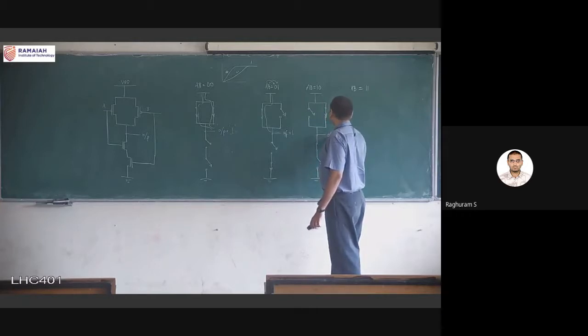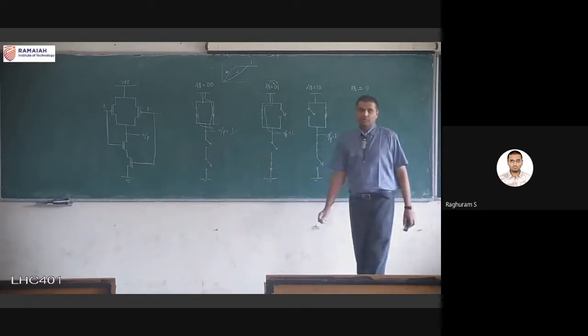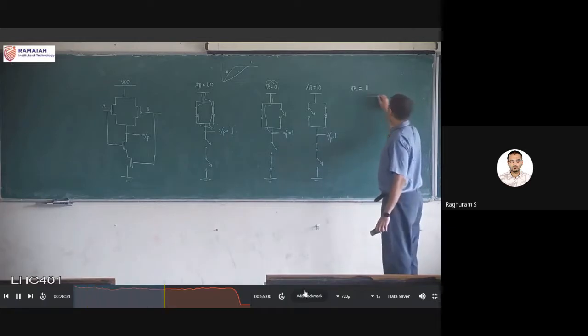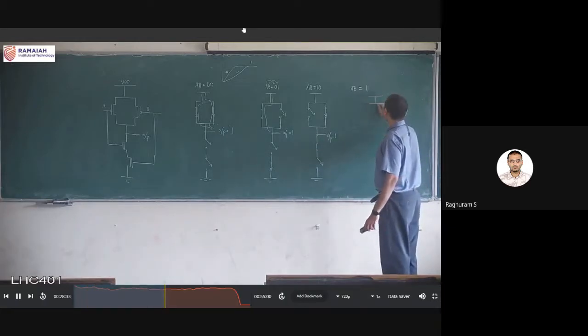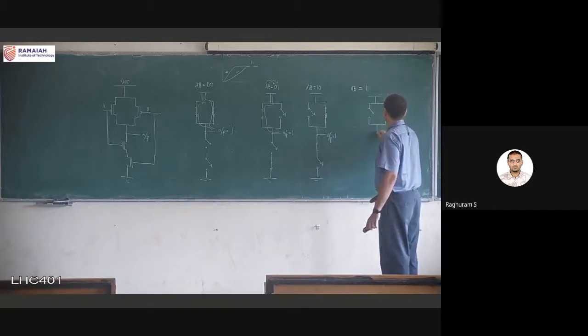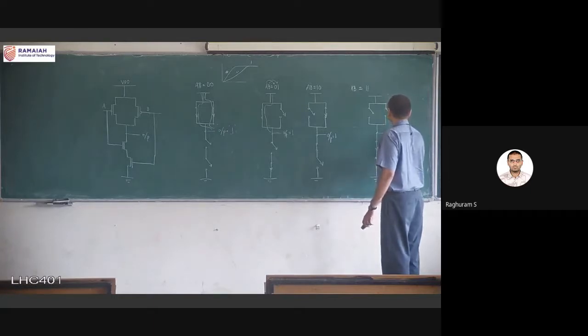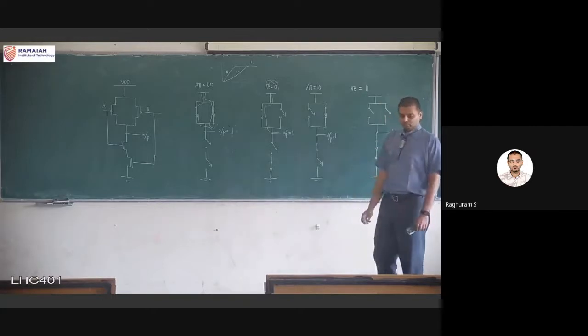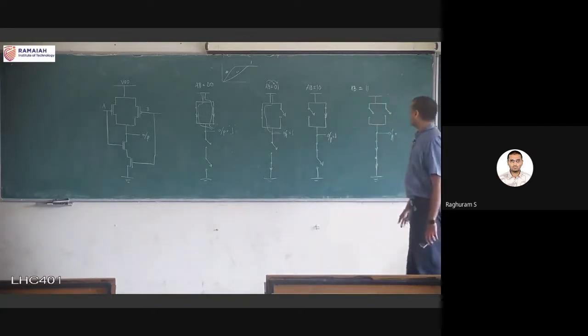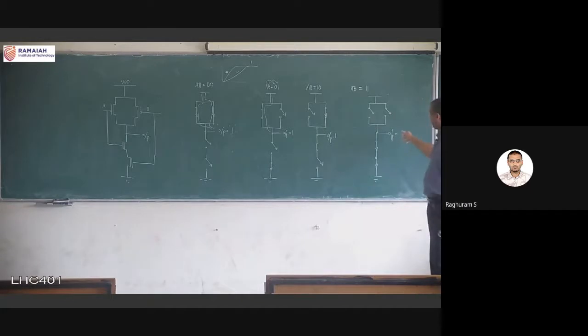And output also equal to 1. Okay, and the last case, output equal to, definitely it is 0, because there is no way the output can touch VDD.